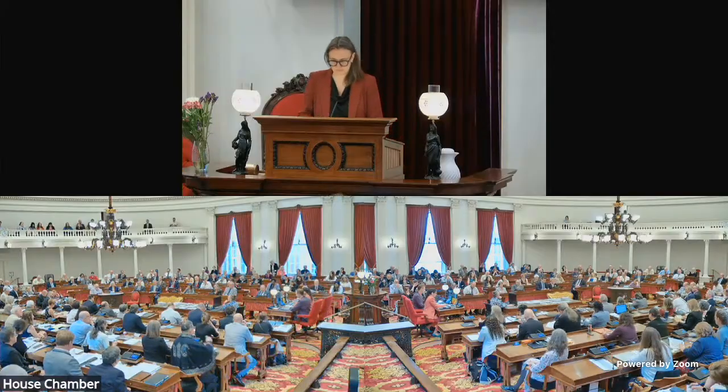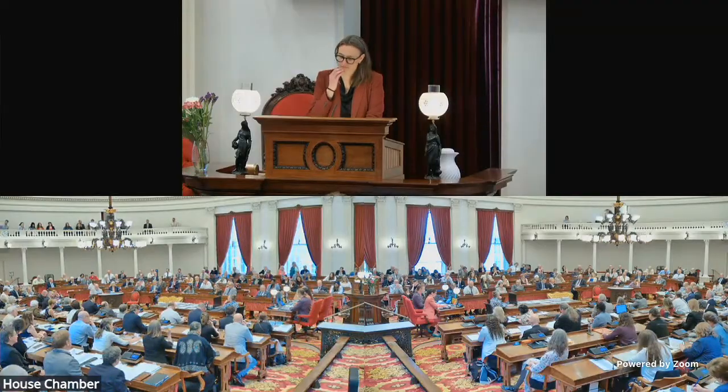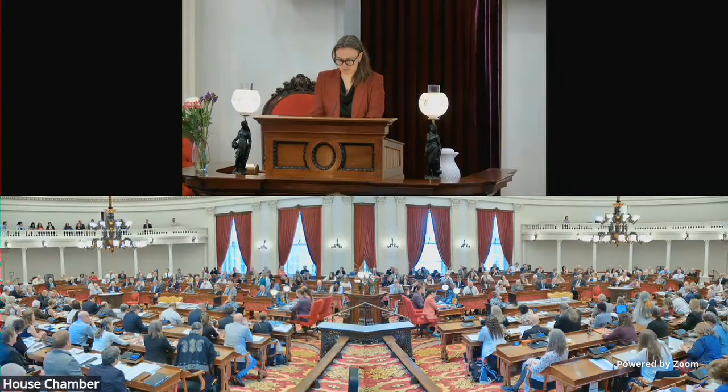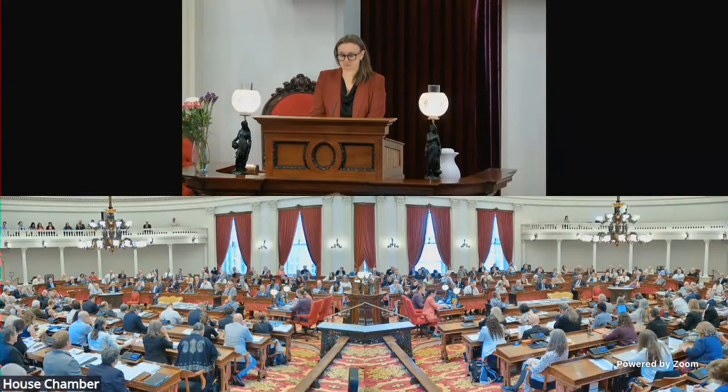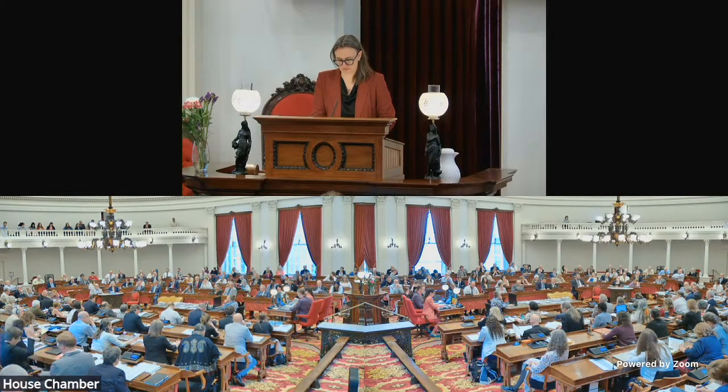Austin of Colchester. Bailey of Hyde Park. Bartholomew of Hartland. Bartley of Fairfax. Rebecca of Winooski. Byron of Vergennes. Bishop of Colchester. Black of Essex. Bloomley of Burlington. Boslin of Westminster. Bosch of Clarendon. Booton of Berry City. Boyden of Cambridge. Brady of Williston. Brannigan of Georgia. Brigham of St. Albans Town.